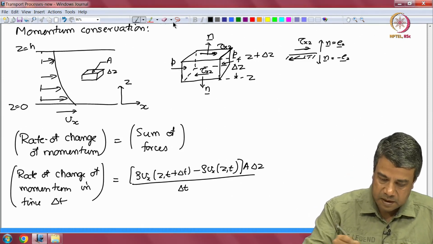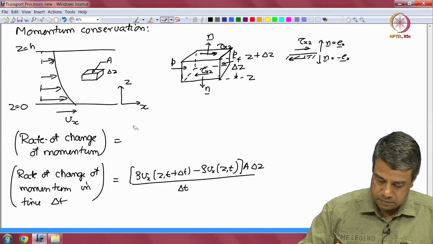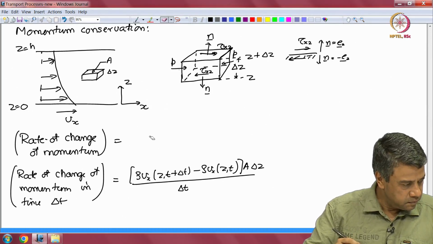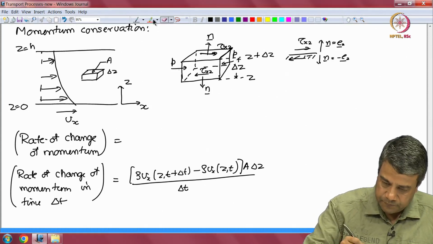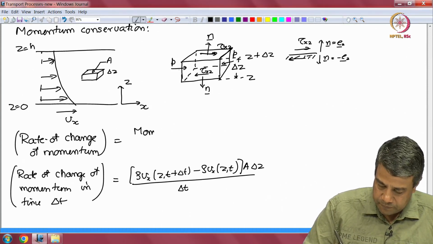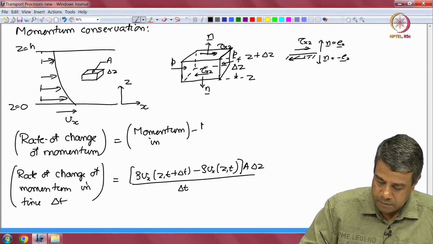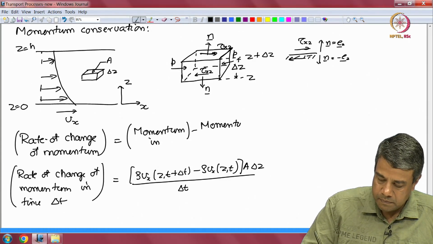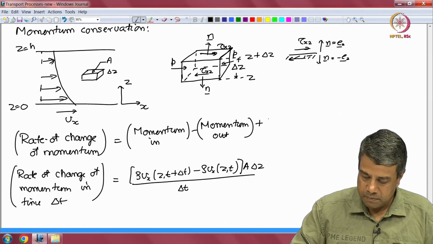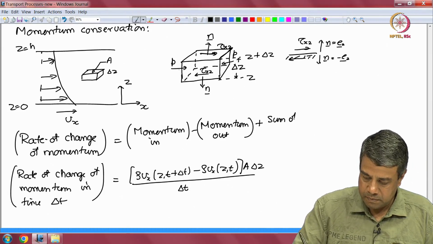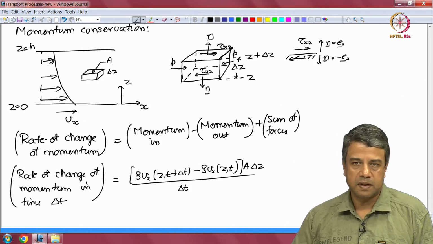The rate of change of momentum consists of two parts: momentum in minus momentum out, plus the sum of forces.